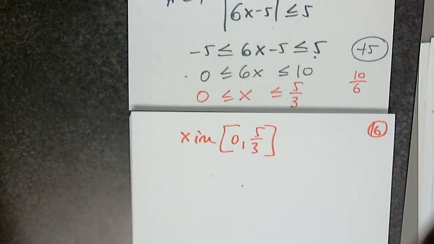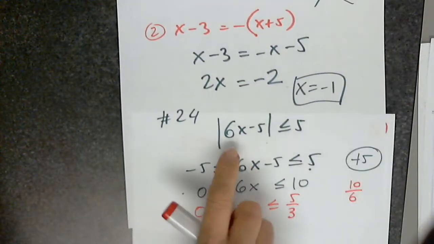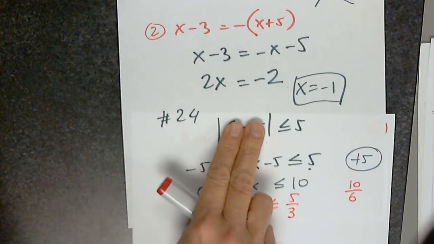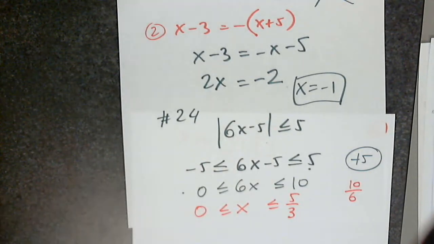Yes, Daniel, you want to say something? Go ahead. Depends on, we have to look at it and think. So remember what we said. How do I read this? I'm looking for numbers whose distance from 0 is less than 5. Less than 5.